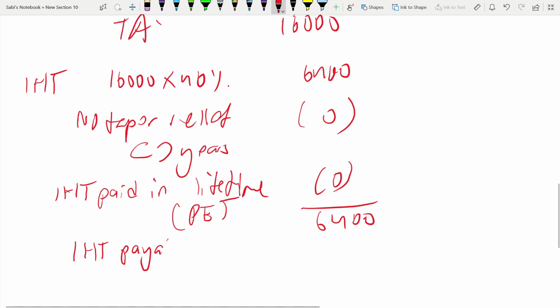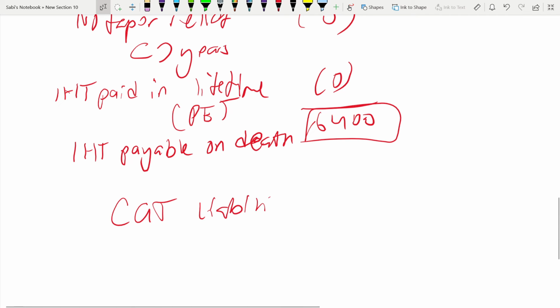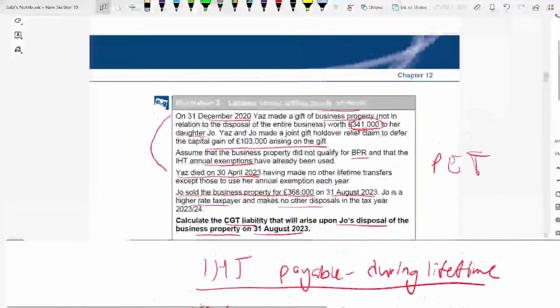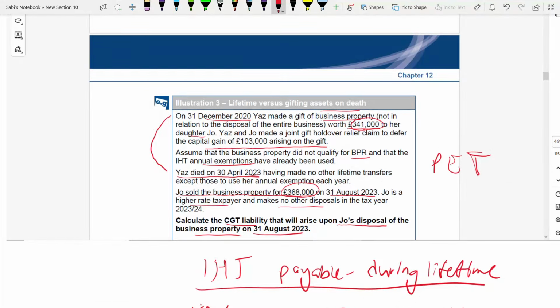Is 6,400. Now we are coming to the CGT liability, finally. So what is the sale proceeds? I'm just using the initials, okay? Let's understand. You are selling it for 368,000.